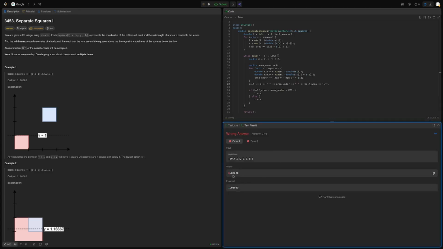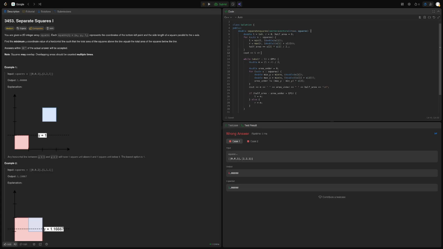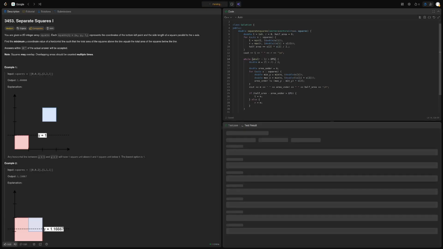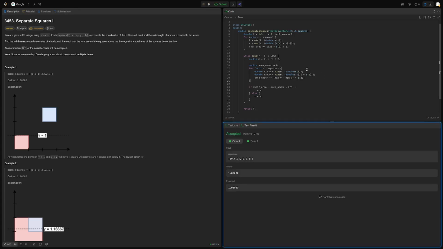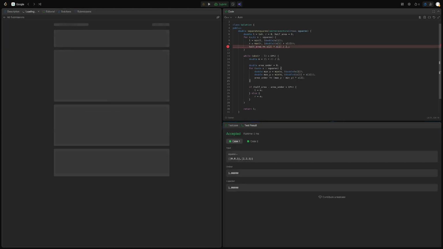What do we get? It doesn't even run, that's great. So solved. Zero and 3. Okay, that works. So I just had the sign flipped.